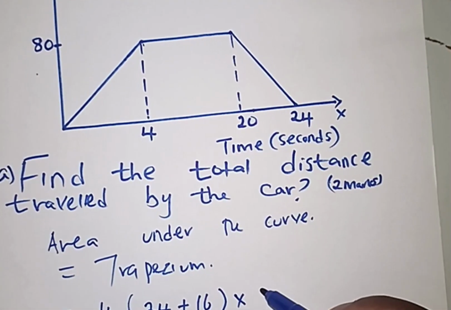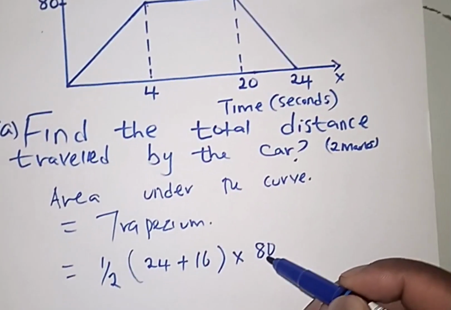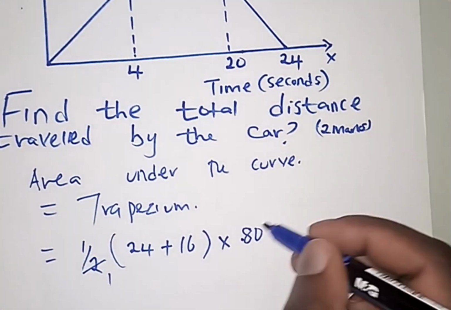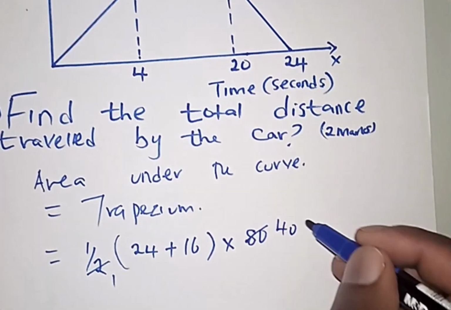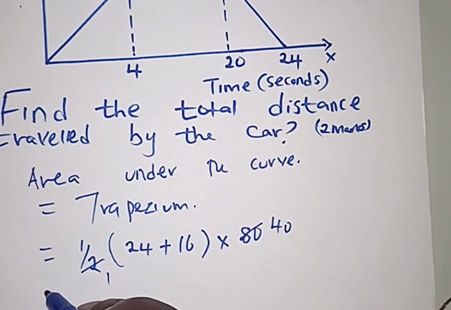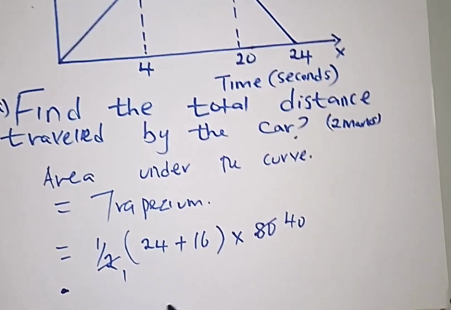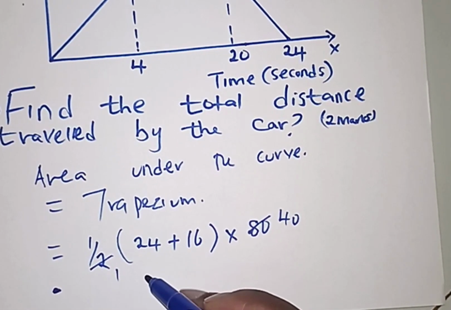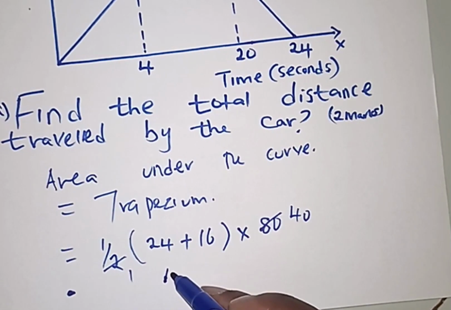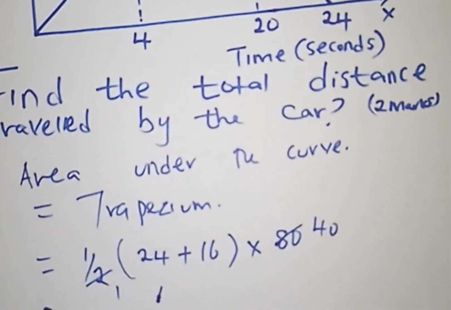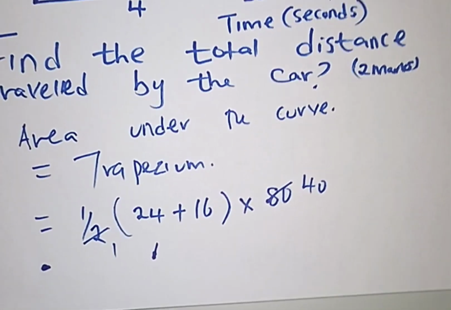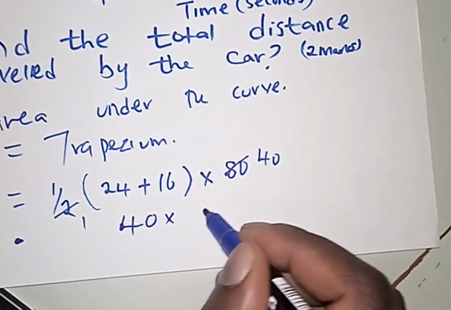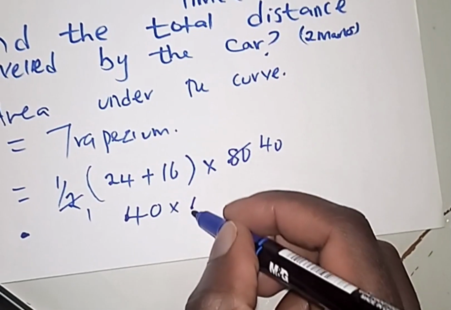We multiply by the height, which is 80, and we get the area of the trapezium, which now represents the distance moved by the car. 24 plus 16 is 40. 40 by 40 is 1600.